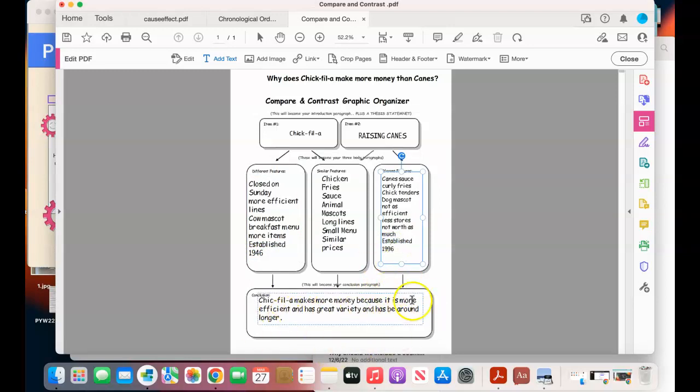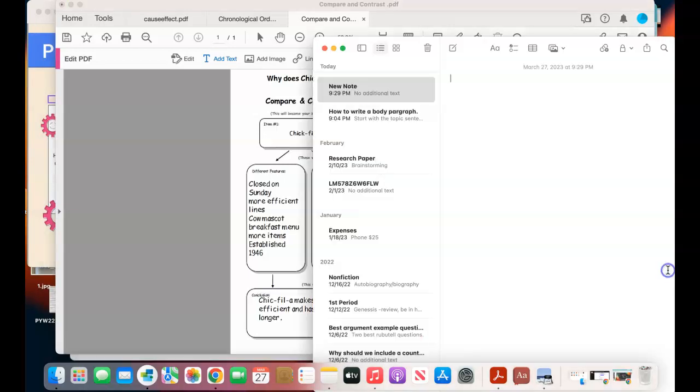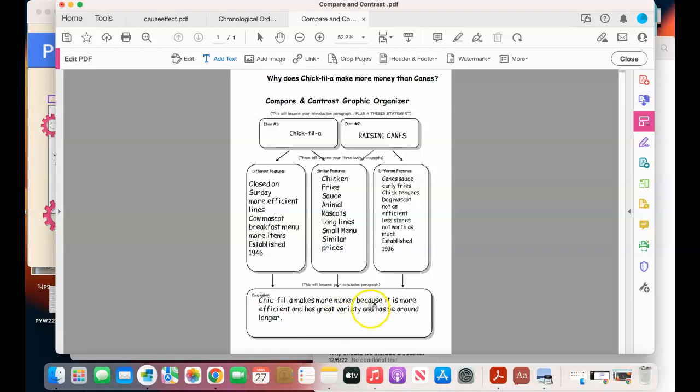So your conclusion really should guide your topic sentences, right? So my conclusion is going to guide my topic sentence. Already, I know that I should have a whole paragraph that talks about how Chick-fil-A is more efficient than Raising Cane's, and that's what allows them to make more money.